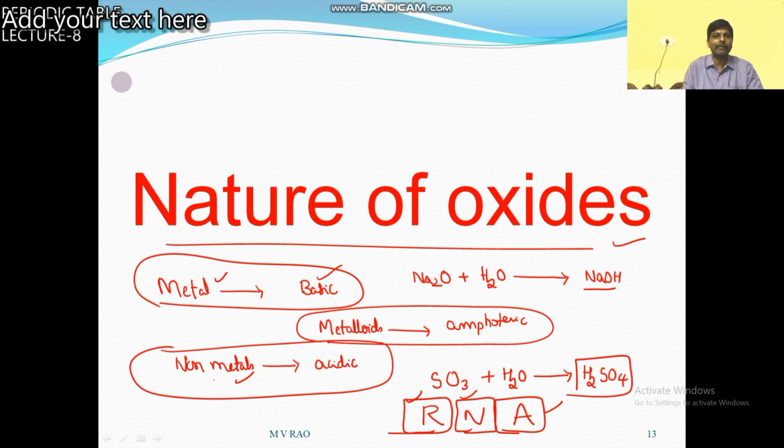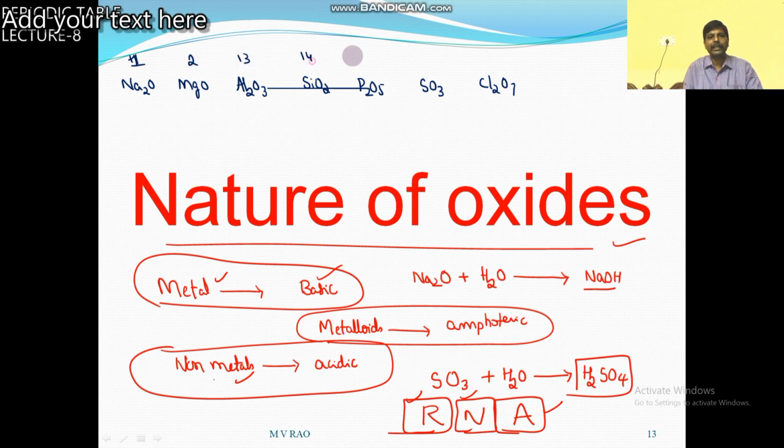You will see how the nature of oxides changes in a period. I will take third period elements' oxides: Na2O, MgO, Al2O3, SiO2, P2O5, SO3, Cl2O7. These are in group 1, group 2, 13, 14, 15, 16, 17.